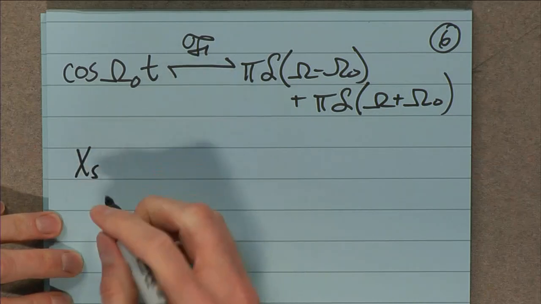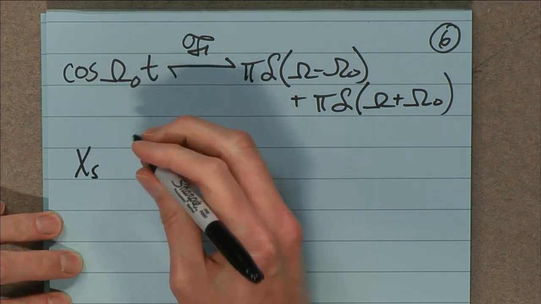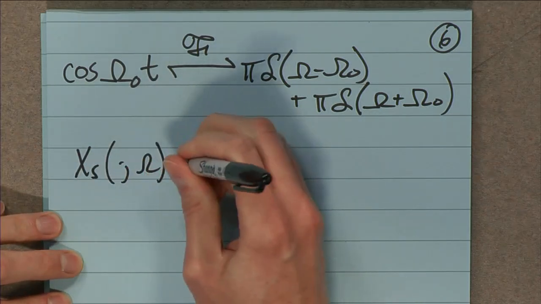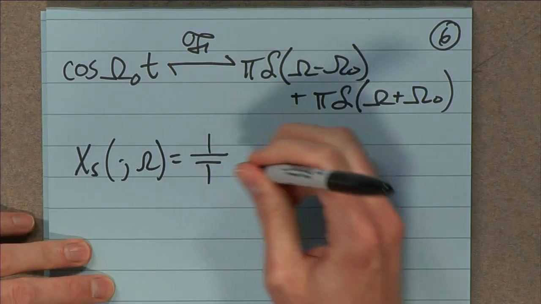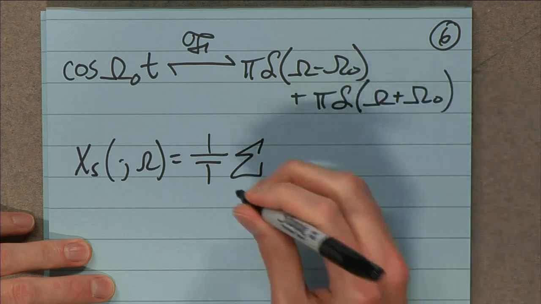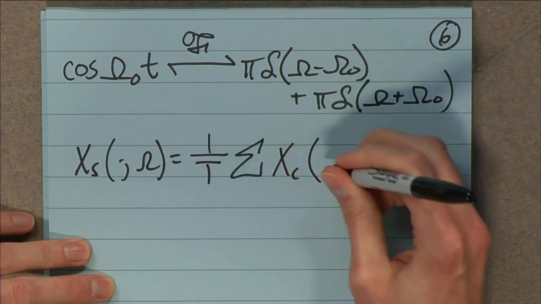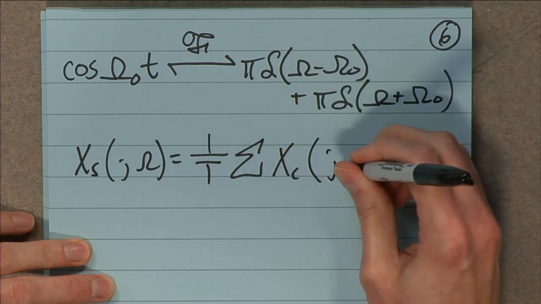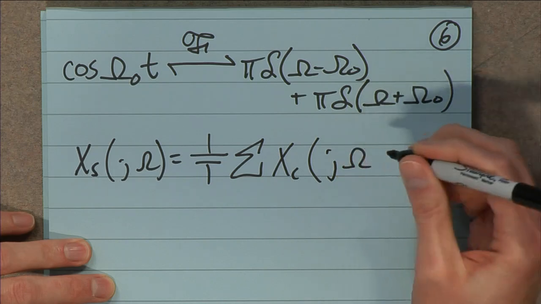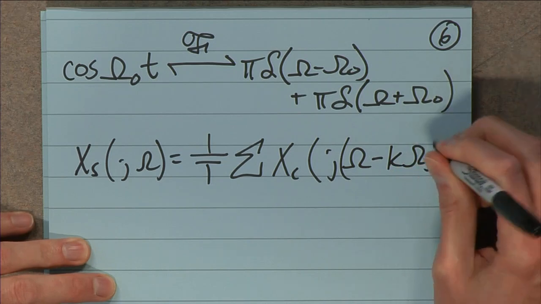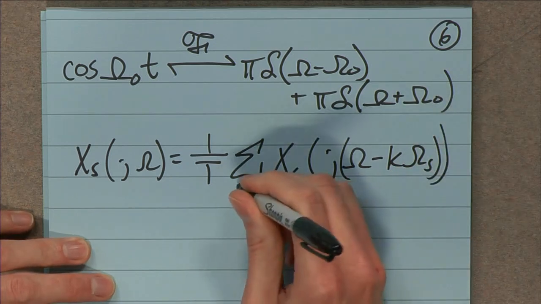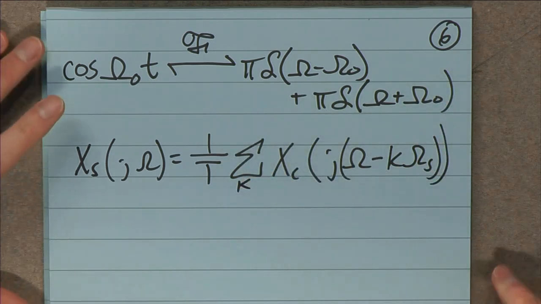And we recalled that if we're going to sample this signal, we have our favorite sampling formula: X_s(j omega) equals 1 over T times the sum over k of X_c(j(omega minus k omega_s)).